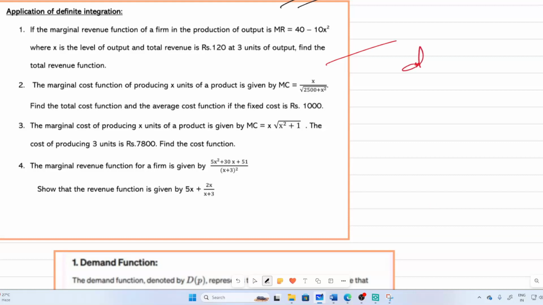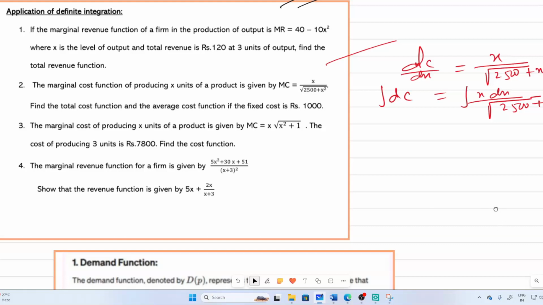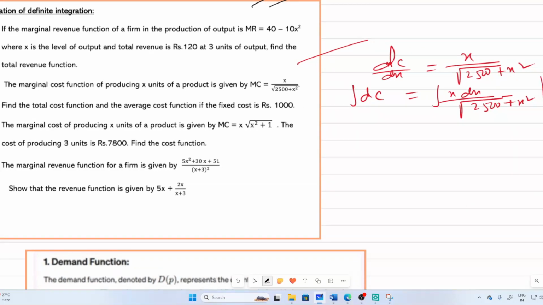You write dc by dx equal to x by under root 2500 plus x square. So integrate both sides. dc equal to x dx by under root 2500 plus x square. Now for its integration, put 2500 plus x square equal to z.